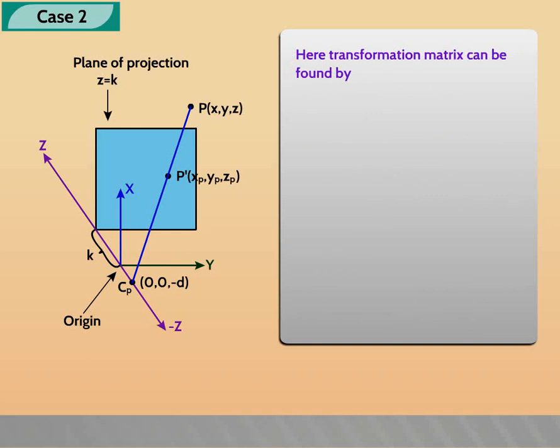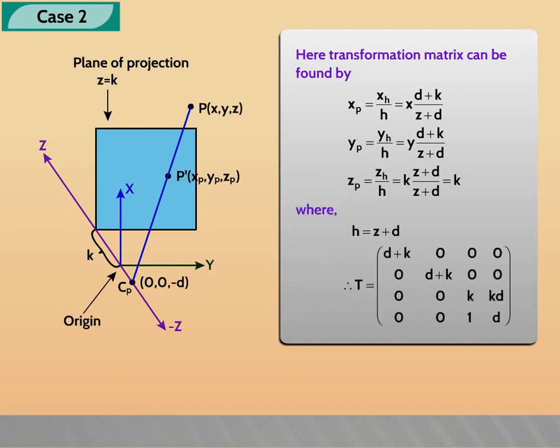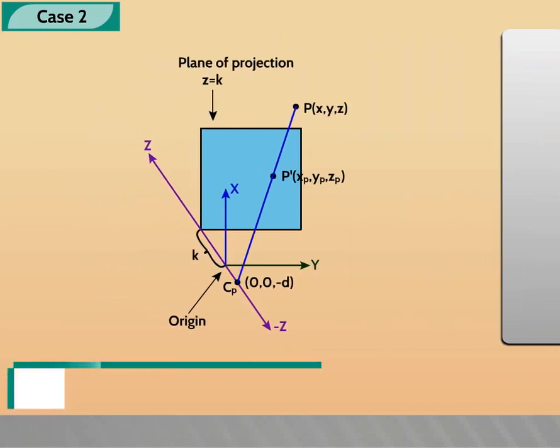Here, the transformation matrix can be found by xp is equal to xh by h is equal to x into d plus k by z plus d. yp is equal to yh by h is equal to y into d plus k by z plus d. zp is equal to zh by h is equal to k into z plus d by z plus d is equal to k, where h is equal to z plus d.